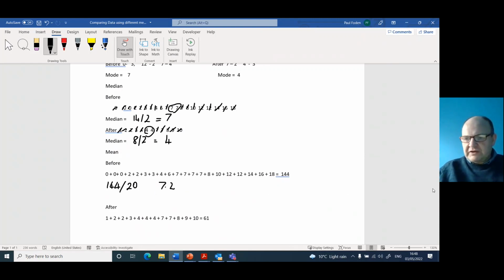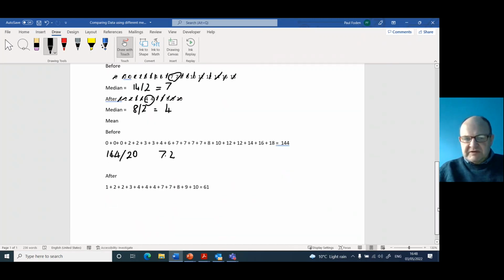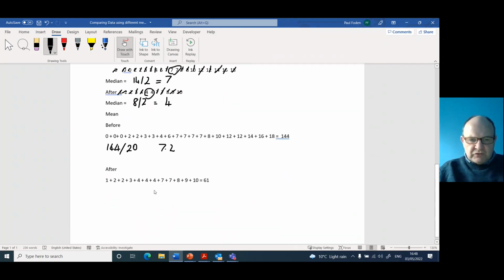What about after? What can we say about after? Well, we add all these up again. There are 12 numbers, and it comes to 61. So to calculate our mean, we're going to do 61 divided by 12. And we're going to come up with our new mean. So we just put that in the calculator quickly.